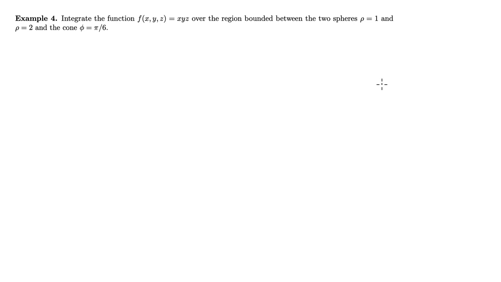So I'm going to draw the cross section here in the zx plane. The spheres are going to have circle cross sections. So here's rho equals 1, and then here we have rho equals 2.